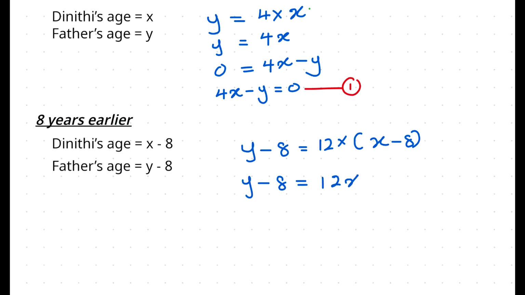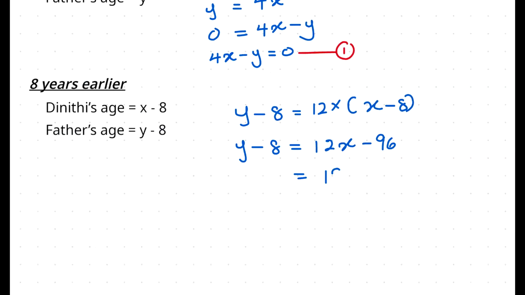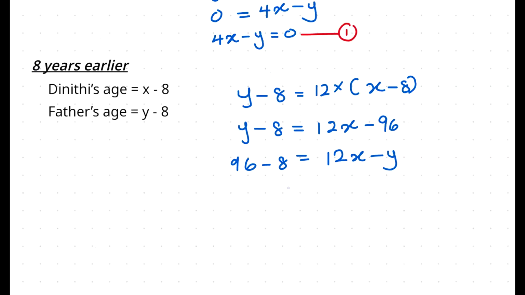12 times 8 is 96. Then 12x, I'll keep it here. This y, I'll bring it to this side, then it becomes minus y. This minus 96, I will bring it to this side, then it becomes plus 96. And minus 8 is here. So 12x minus y, 96 minus 8 would be 88.